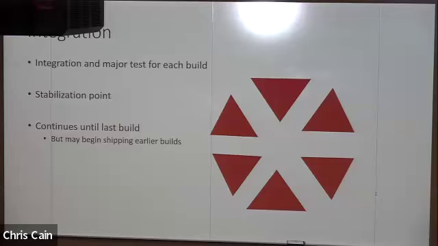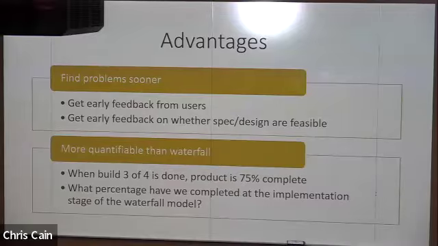Let's go edit the specification document, design a solution for that, implement that, integrate that, get feedback on that, loop it. So advantages, you get very early feedback from users, which is incredibly useful. You get feedback on whether the specification and design are even feasible. Is this what the client wants? Is it technologically possible?